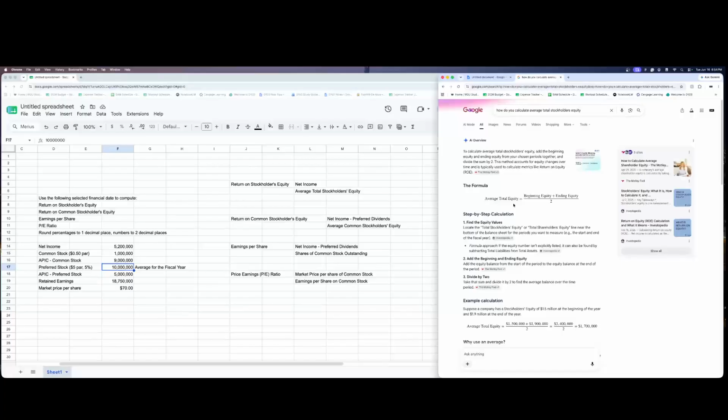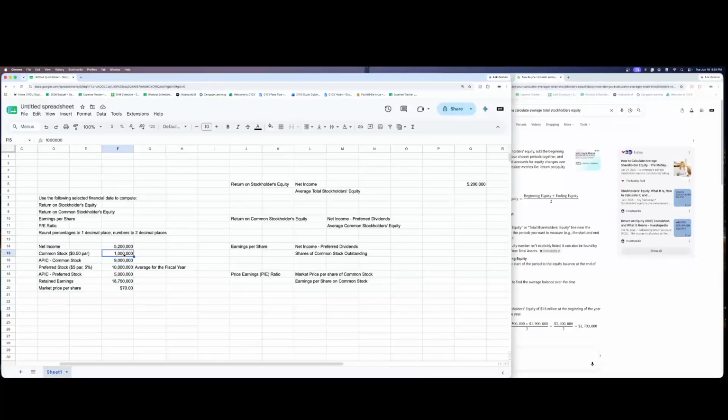Average total shareholders' equity. It's 43. Yeah, that's correct. So it's going to be all these, right, or including this.